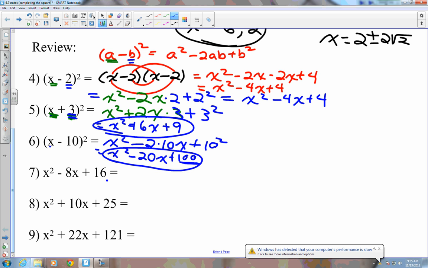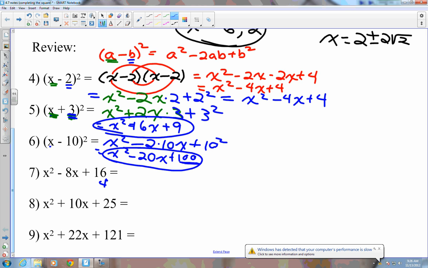Now, I want you to look at this, guys. This was 100. The square root of 100 is 10. That goes right here. The square root of x squared is x. So here's what you're going to do to decide if something is a perfect square trinomial. You take the square root of the last term. The square root of 16 is 4.